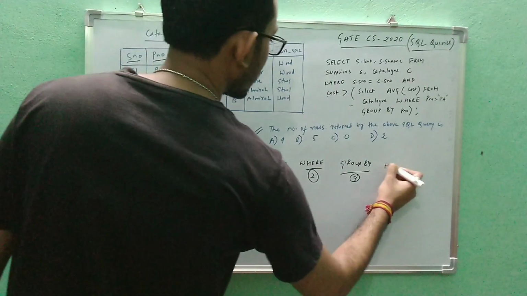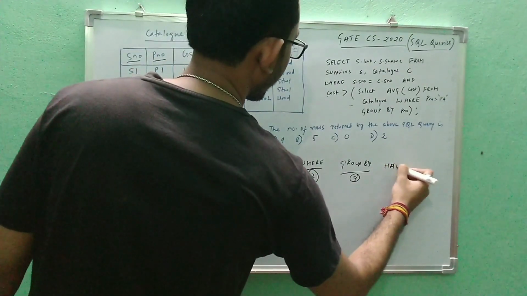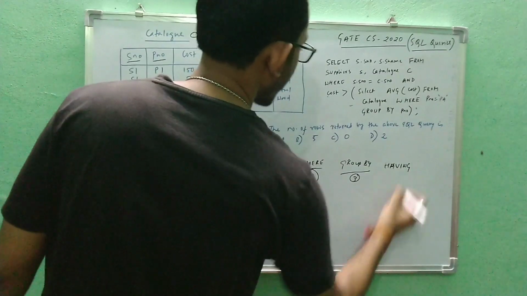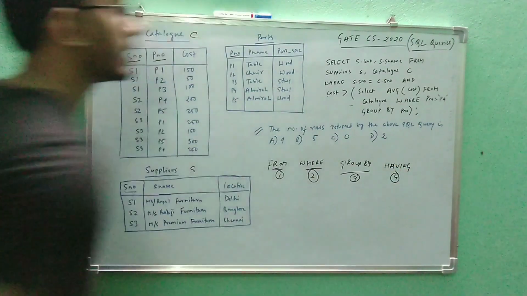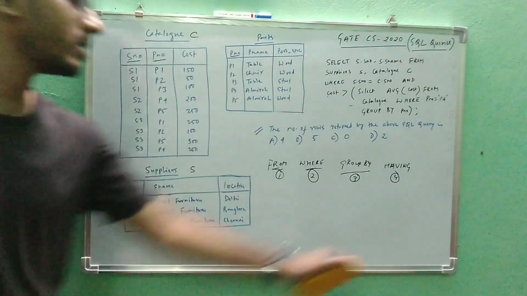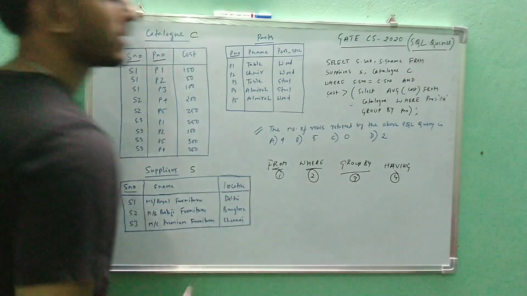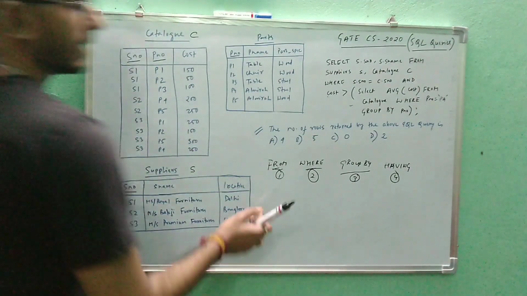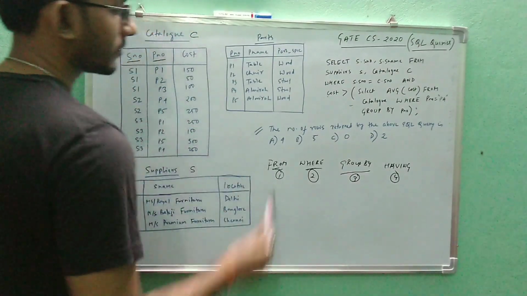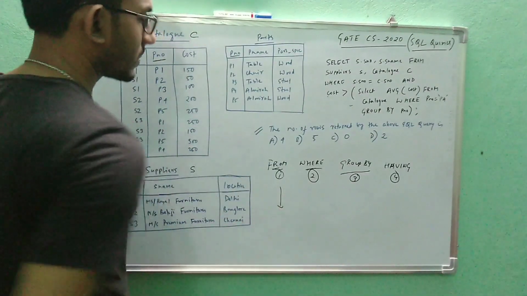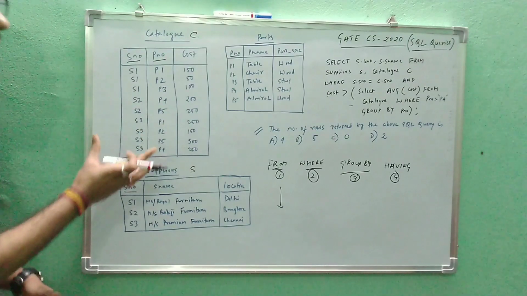Then we will go to having, because having is also a conditional statement which is applied on the group by. We'll study all these things in due time. As of now, just understand this sequence: first of all the table will be fetched. Obviously, if we want to do some operation, we should know which table.